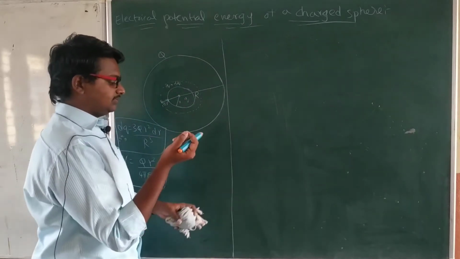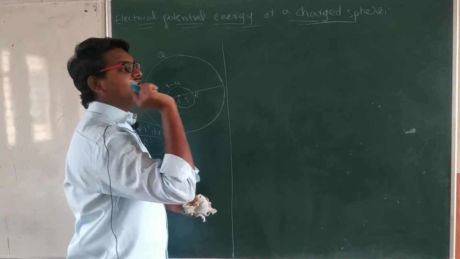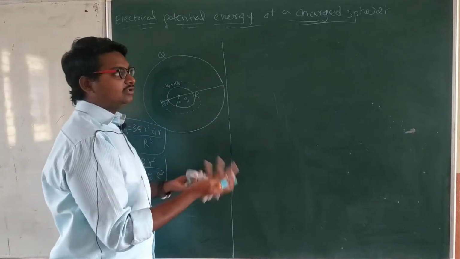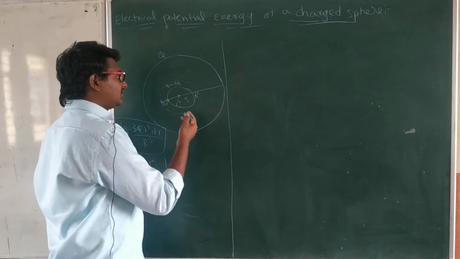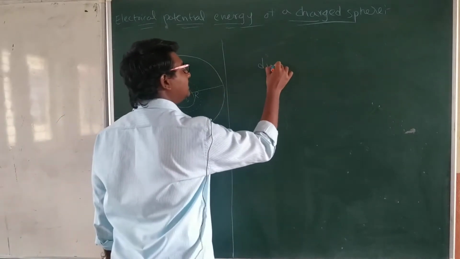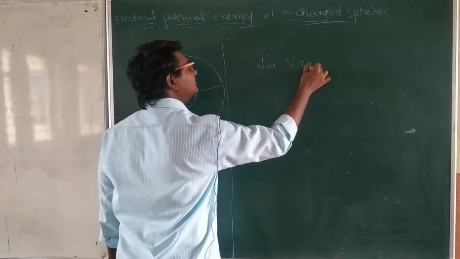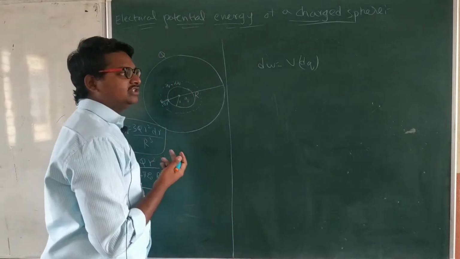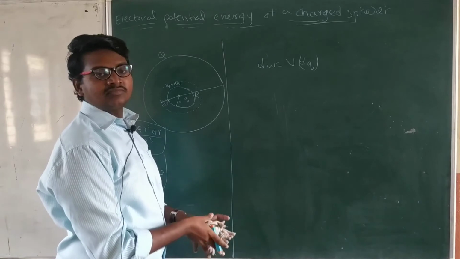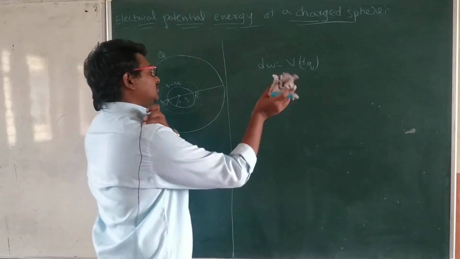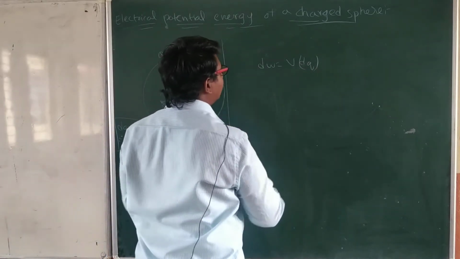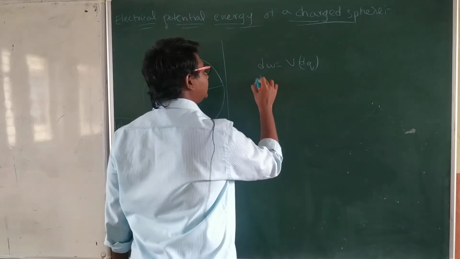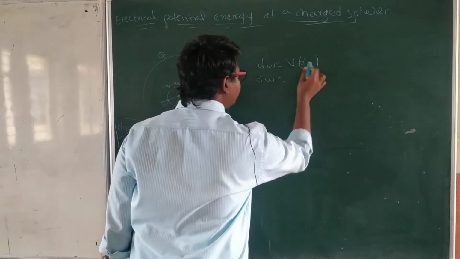Simply, we are bringing a dq charge from infinity and adding it to that. For that we need to do some work, and that work done we have to find. That is dW equals V into dq. We already know potential V is work done per charge. Now dW equals V dq, and we just found the V and dq values.